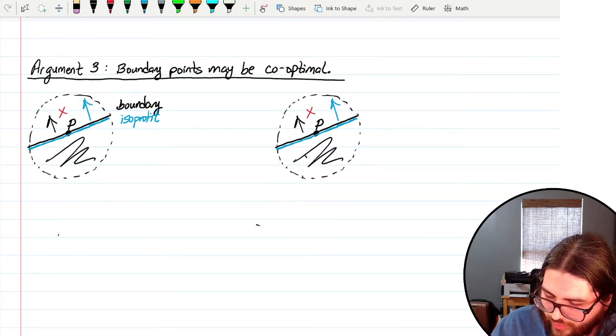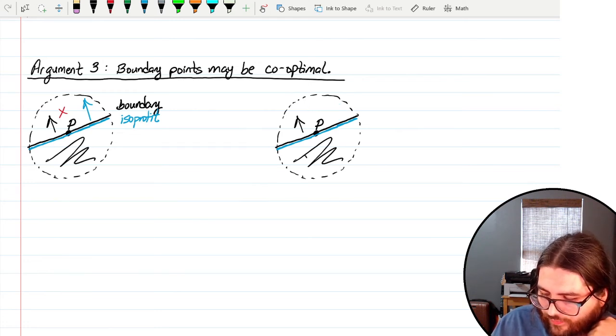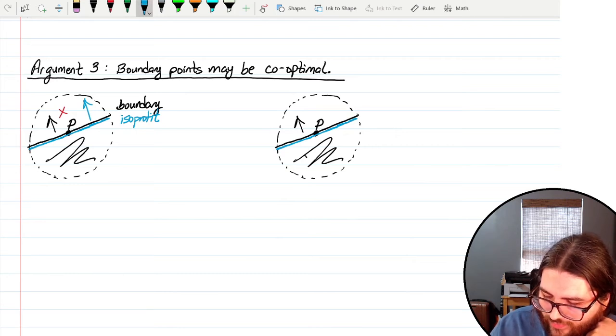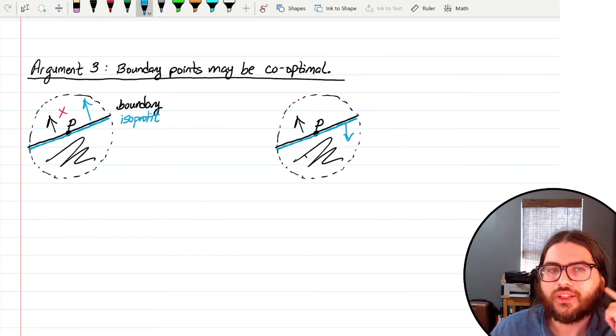I already know which one is the boundary and which one is the isoprofit. Now if I draw my isoprofit in this direction, do you see how there is no point that I could move to outside the feasible region, which is better than P?